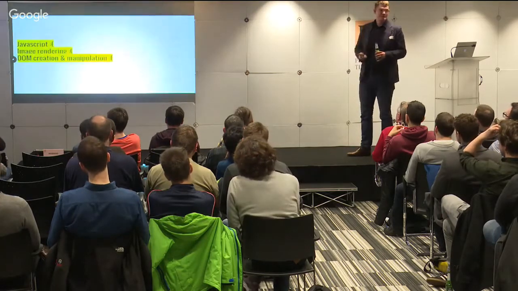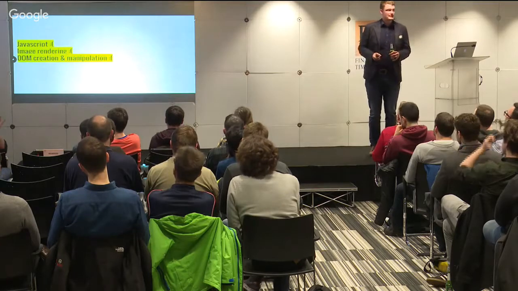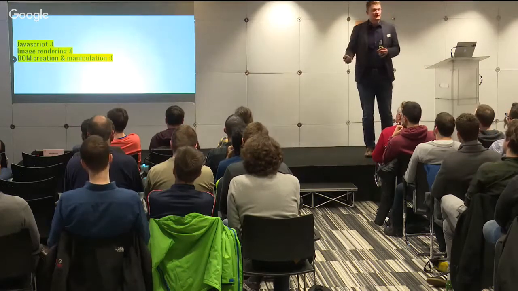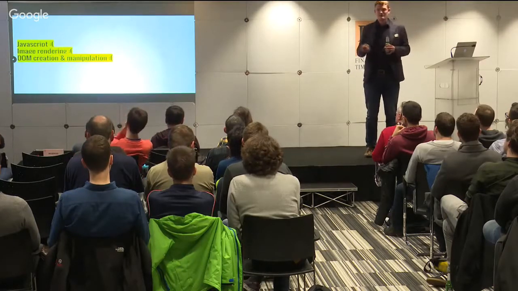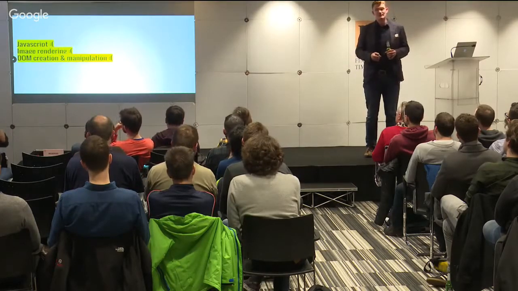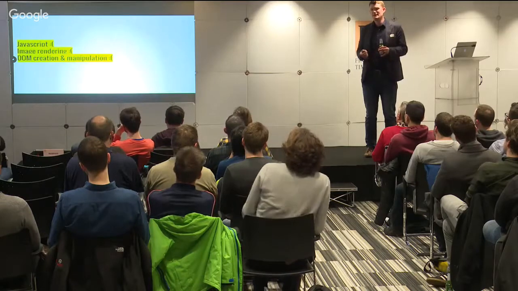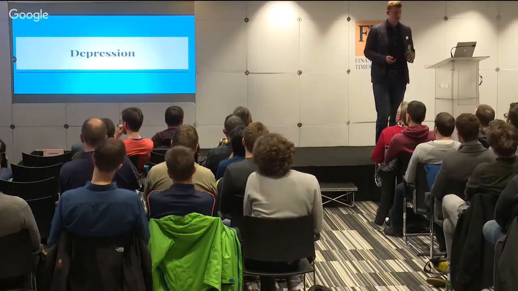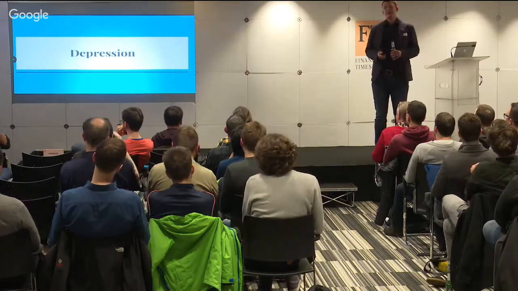That's why it's so slow. JavaScript performance, single-threaded, bad. Image rendering, single-threaded, really bad. DOM creation and manipulation, single-threaded, really bad. And they're quite important things for the web. And this leads us directly to depression.